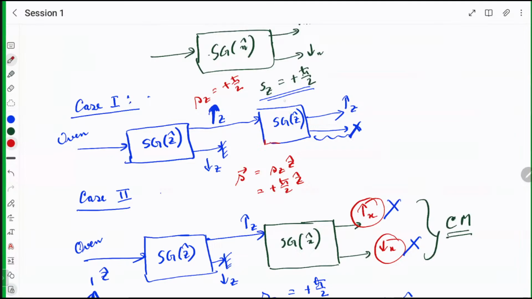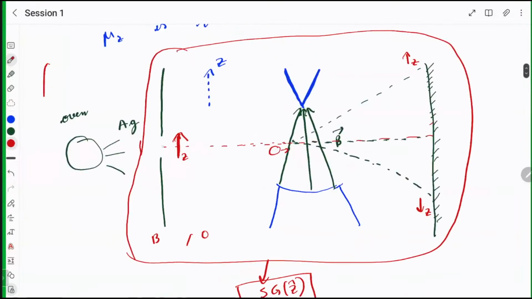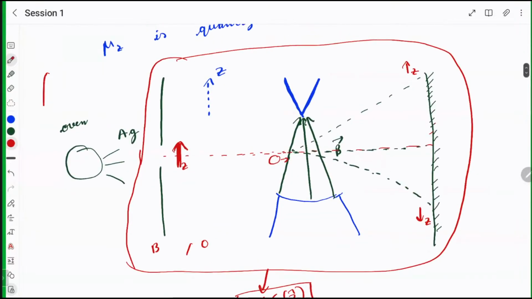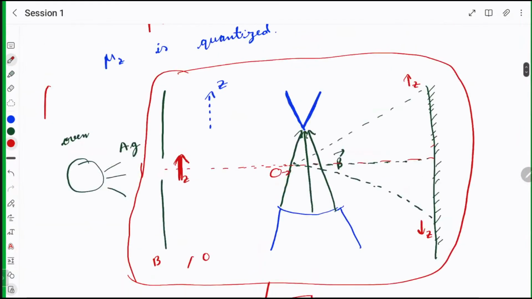And what the other Stern-Gerlach will see is that it will see only up Z here. So this is the SGZ, this is what is happening inside SGZ, right? Previously there was up spin and down spin both, so the up spins went here and the down spins went here. Now I have removed the down spins. So you tell me what will happen. This branch will not come, only this will come. Now can you understand it?